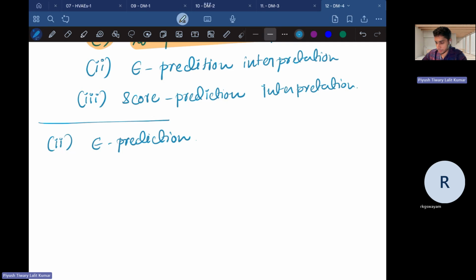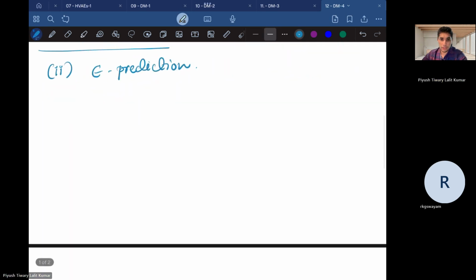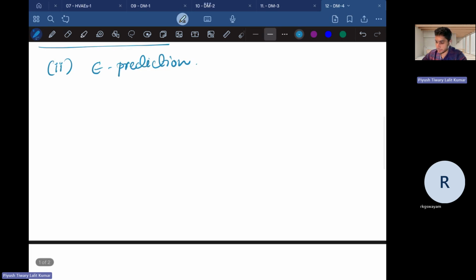Let us see what this is. So what is this epsilon prediction thing? Well, it's quite simple. We know what q of xt given x naught is, right?